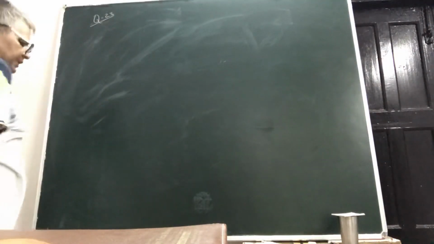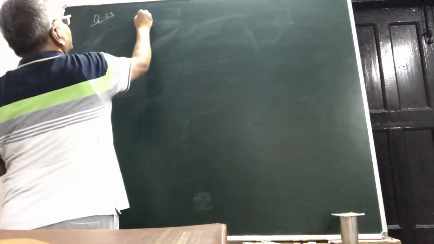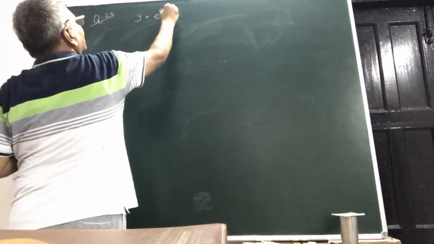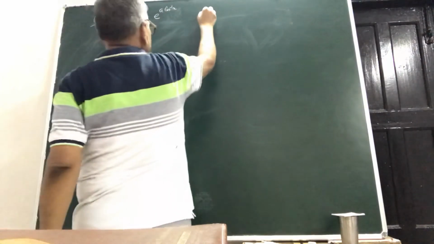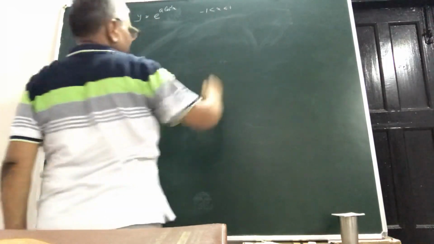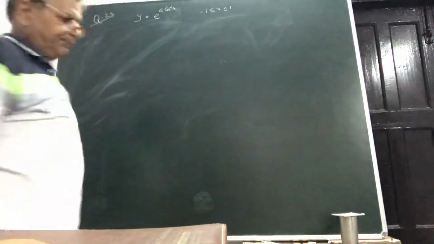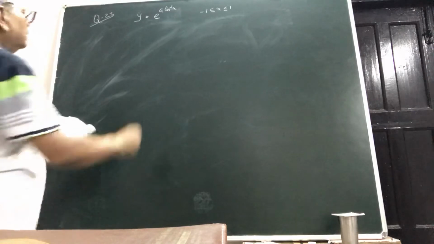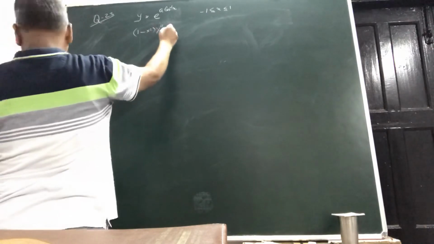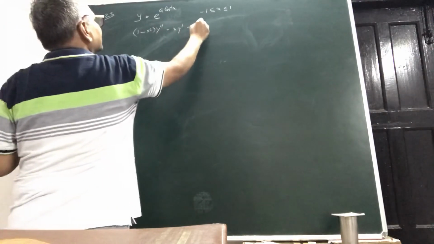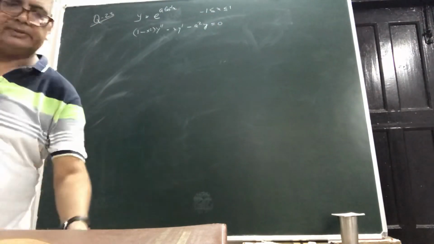Here it is: y is equal to e raised to power a cos inverse x, with x lying between minus 1 and plus 1, both included. Then you have to show that (1 minus x square) y double dash minus x y dash minus a square y is equal to 0.